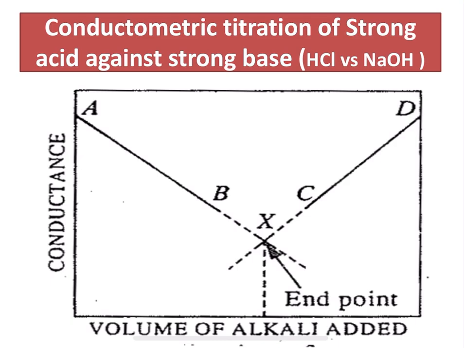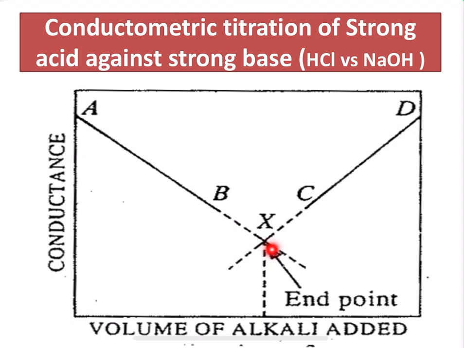So, when all the HCl is converted into NaCl and water molecules, if we continue adding NaOH to that beaker, the NaOH will get accumulated. That NaOH, being a strong electrolyte, will make the conductance increase again. Until then the conductance decreases, so we observe a downward slope, and this is the point of intersection, where all the HCl has been converted into NaCl.